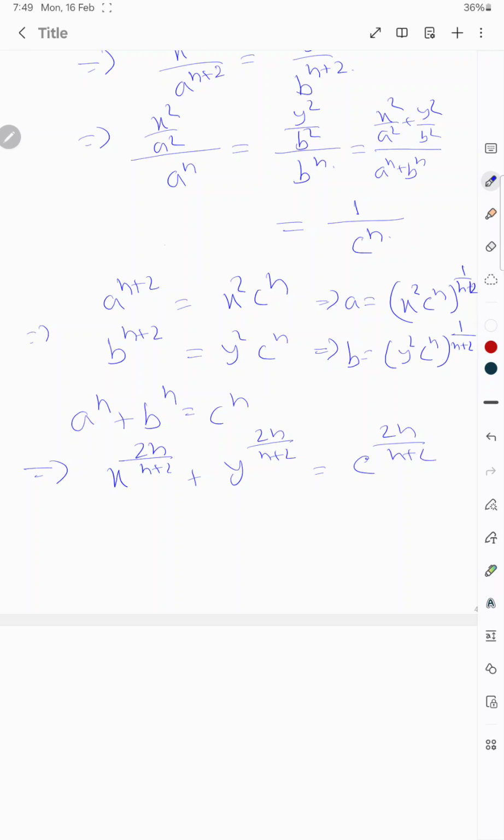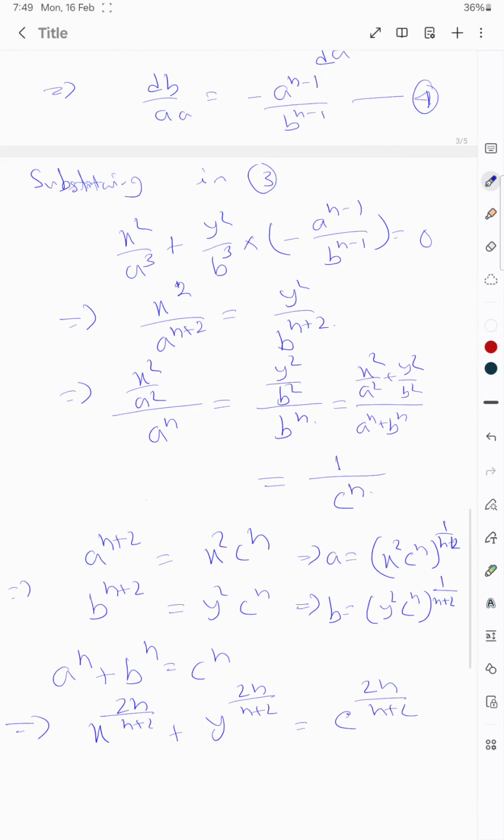Okay, like that. So in this way you have to do. The main thing is this type of step is a little bit tricky. You will see there are some problems like that, so you practice this type of problem.